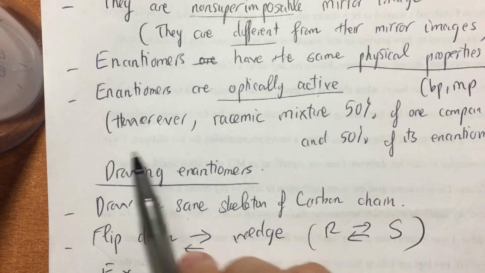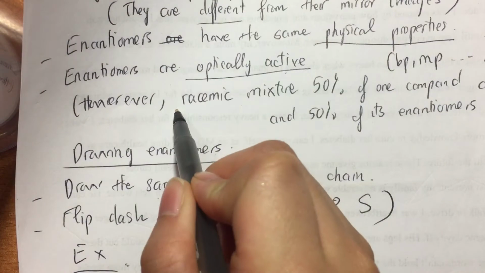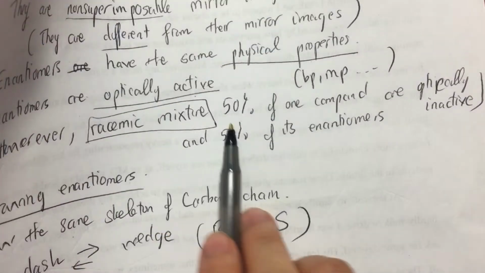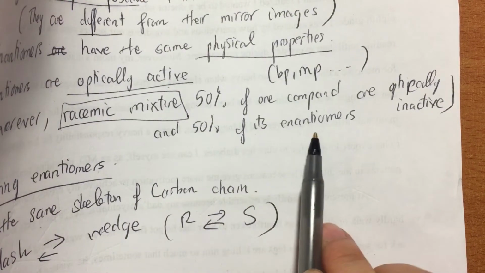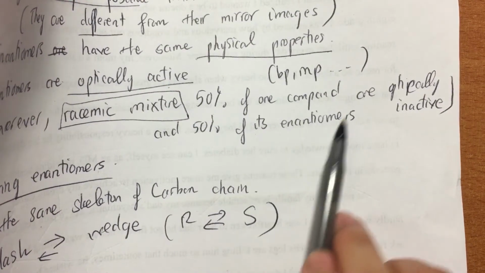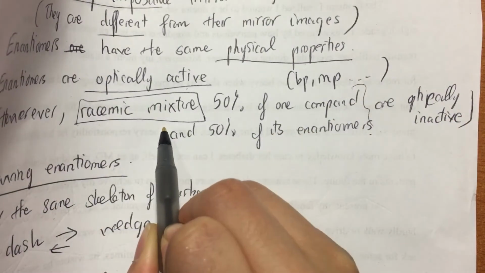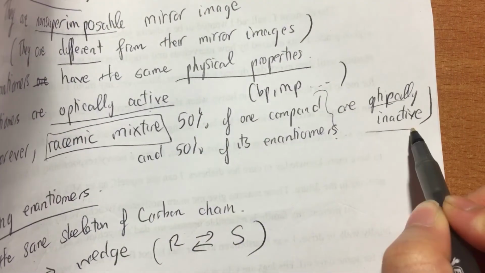However, racemic mixture, this is a word we see a lot. A racemic mixture means 50% of one compound and 50% of its enantiomer. These make up a racemic mixture. In this case, they are optically inactive.